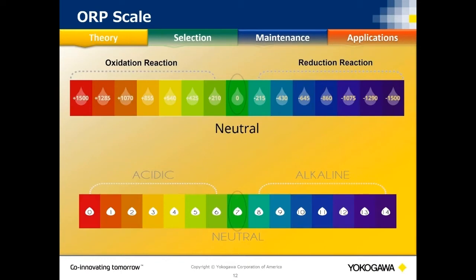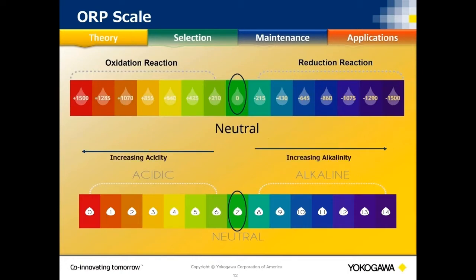Now remember, these are going on at the exact same time. So the value that the analyzer reads is just the overall ability of the process to have either an oxidation reaction occur or a reduction reaction. So we can look at it the same way as we do with pH. As we go away from this 0, one direction or the other, we can say they have an increasing either acidity or an increasing alkalinity.